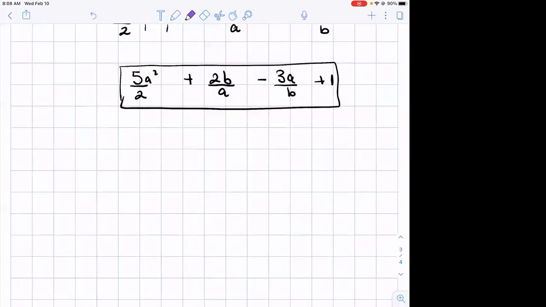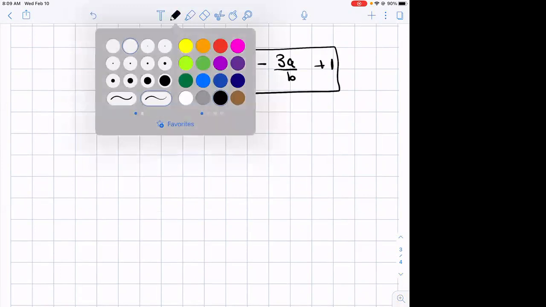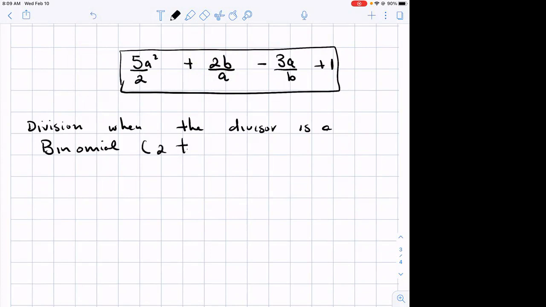So now let's look at division by a binomial. It's still division of polynomials, but when the divisor is a binomial, meaning a two-term polynomial.